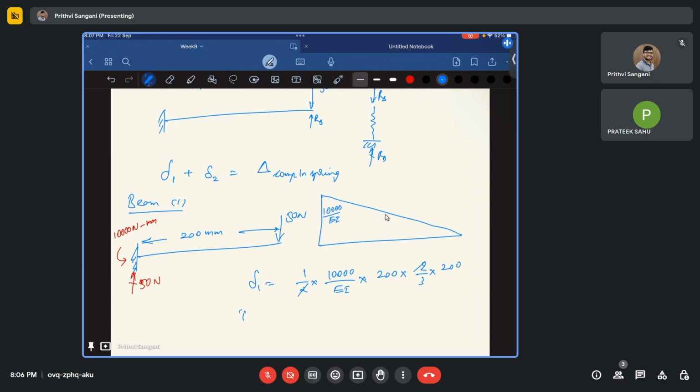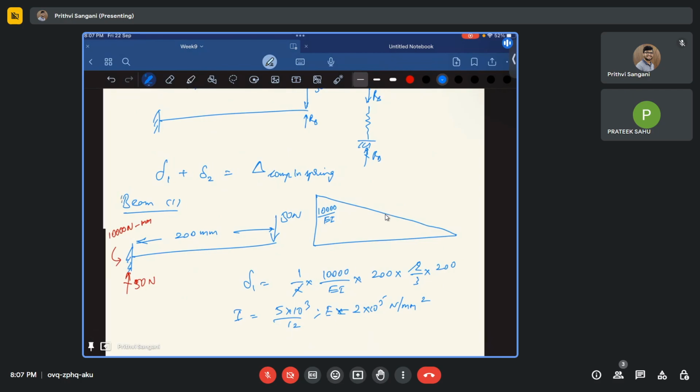You also calculate I. So what is I going to be? bd cube by 12, so b is 5, d is 10, 10 cube by 12. This is my I. E is 2 into 10 to the power 5 newton per mm square.